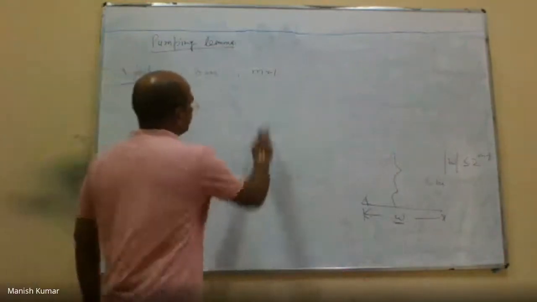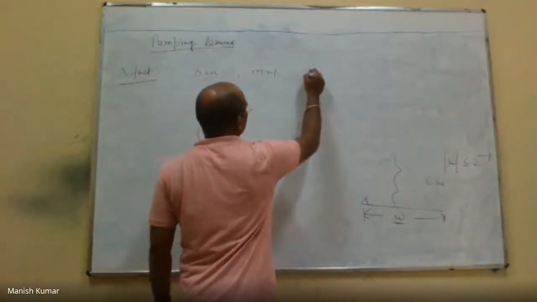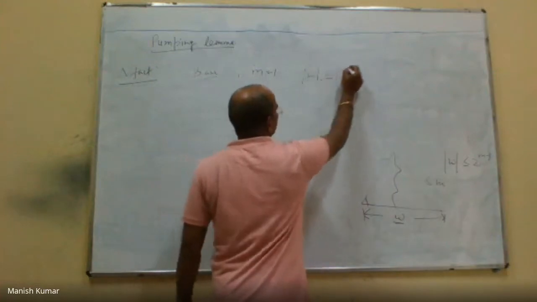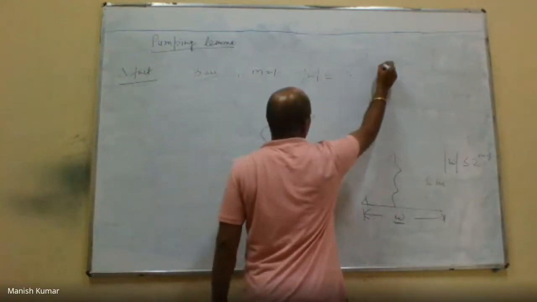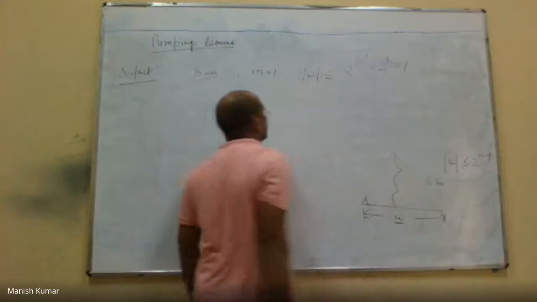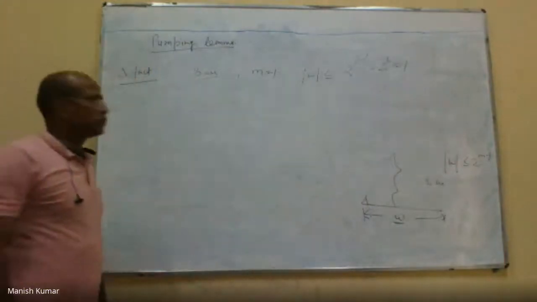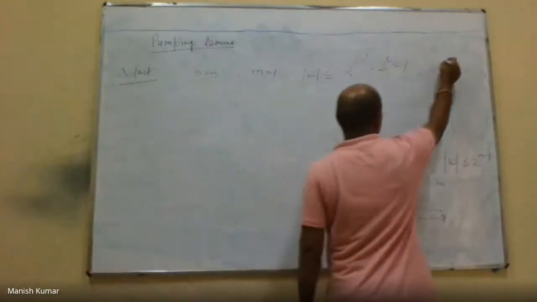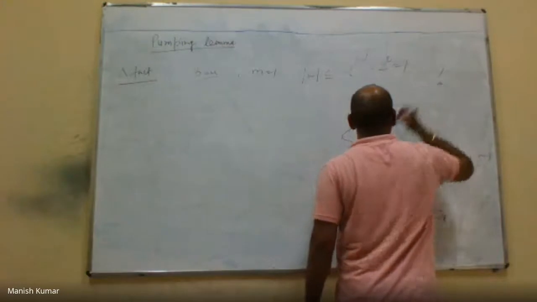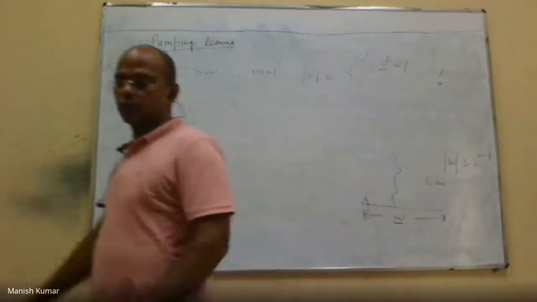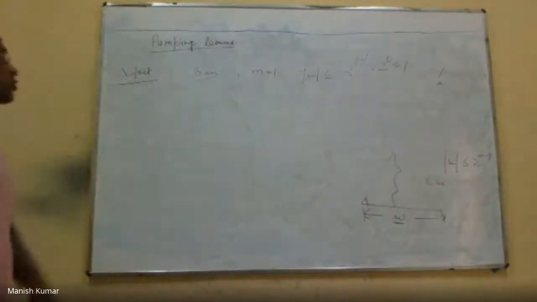If you take n equals 1, then the length of w is 2 to the power 1 minus 1, because 2 to the power 0 is 1. This is nothing but the derivation tree of this term. So that is true.